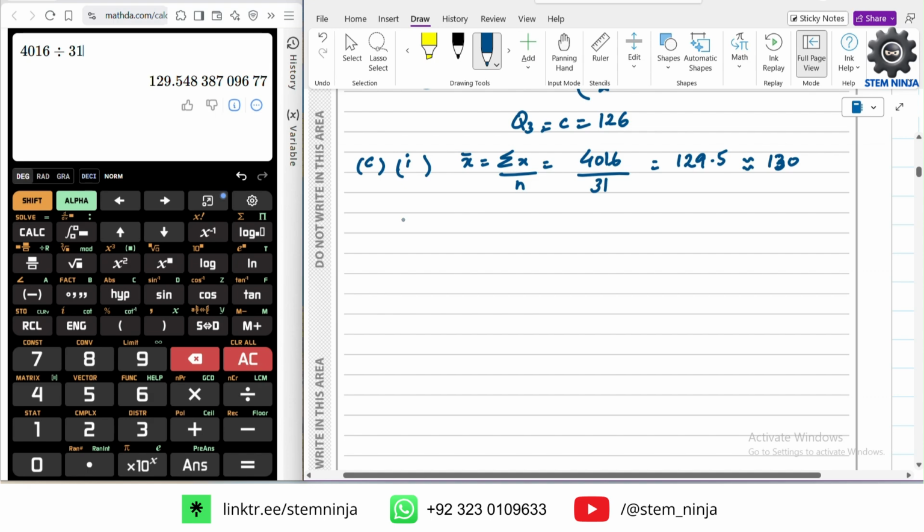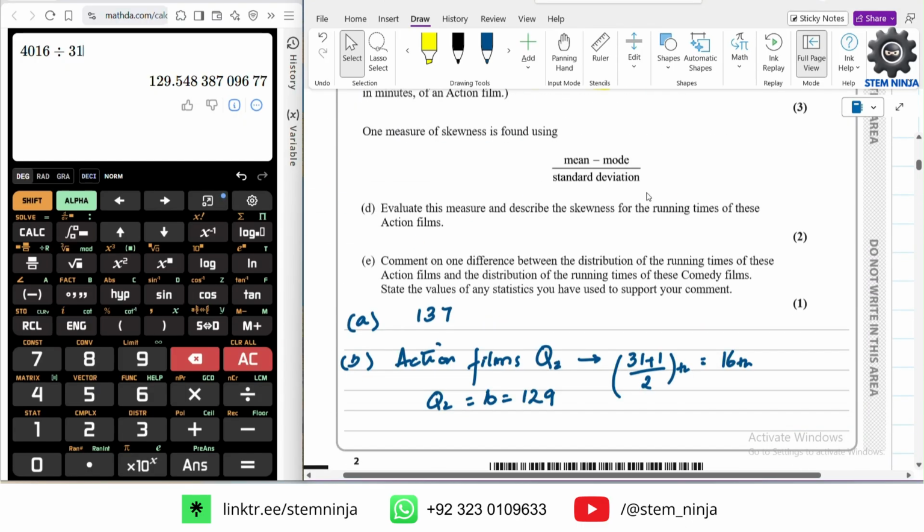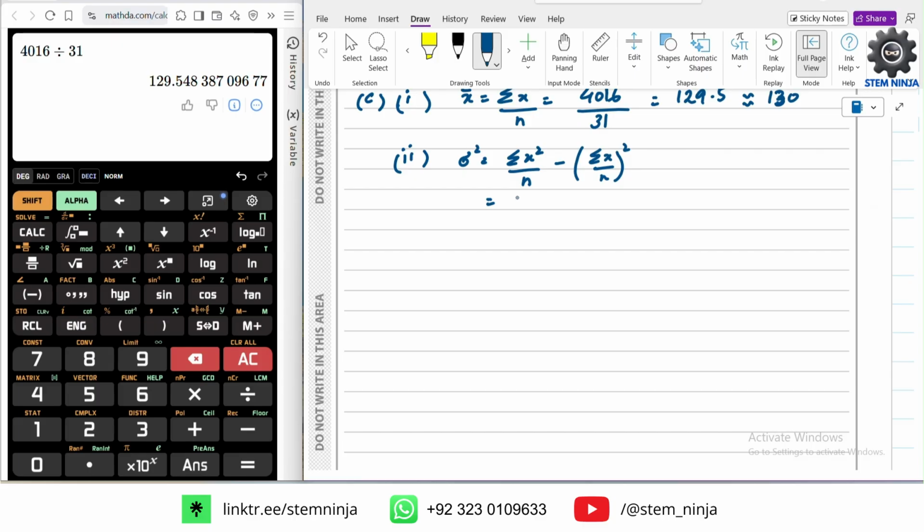Now we need the standard deviation. First we can begin by finding the variance, which is the sum of x squared over n minus the square of the mean. They gave us the sum of x squared, 525056. So 525056 divided by 31 minus the square of this value.